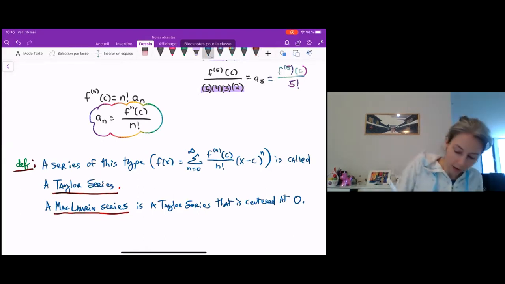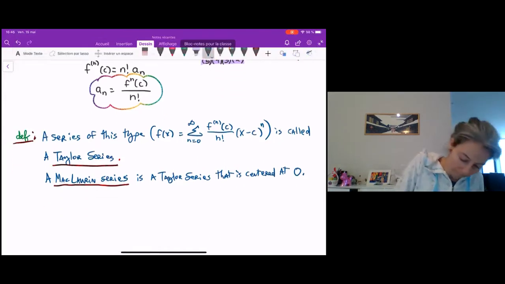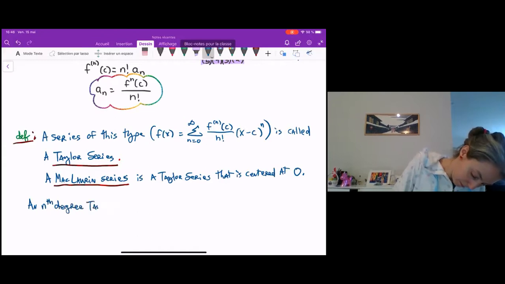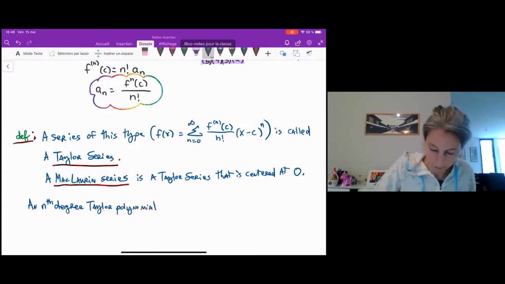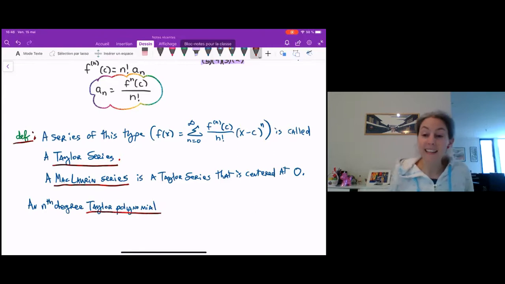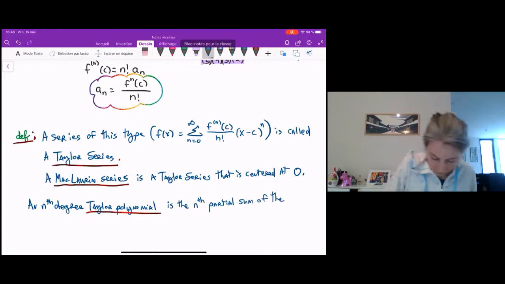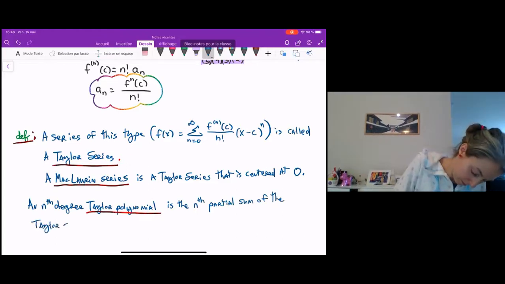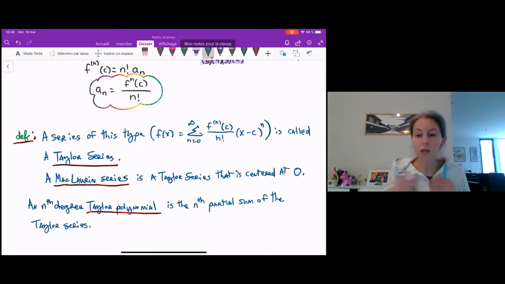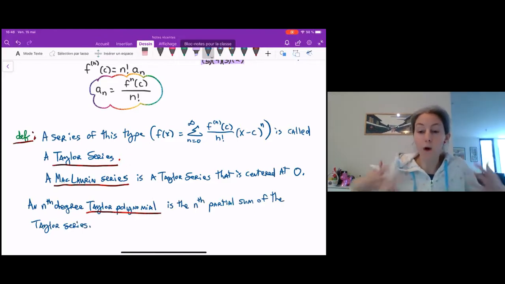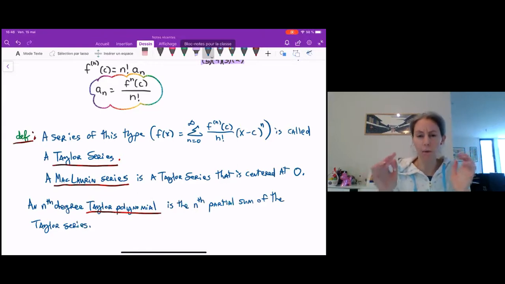So an nth degree Taylor polynomial is the nth partial sum of the Taylor series. In other words, it is some polynomial that represents a function, but where we're only looking at part of it.